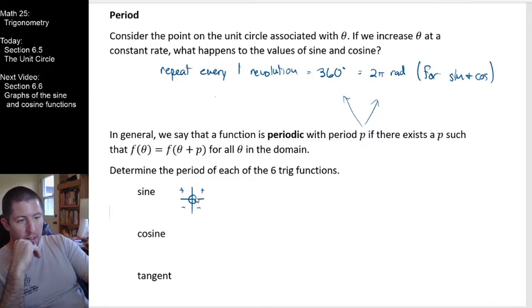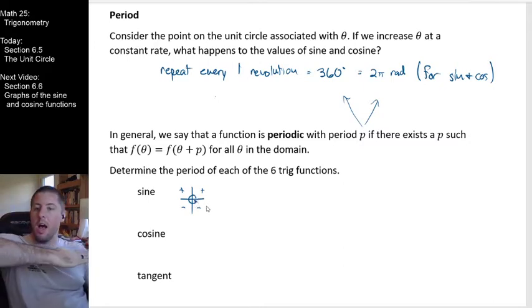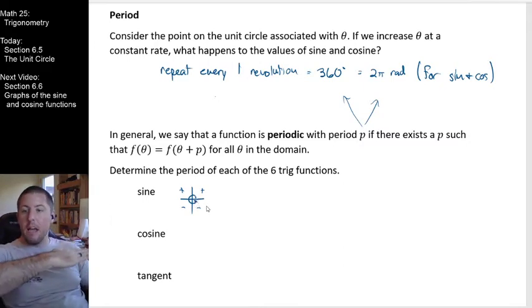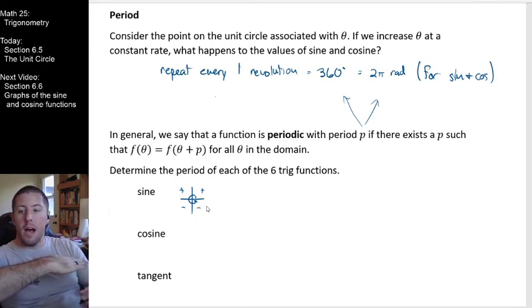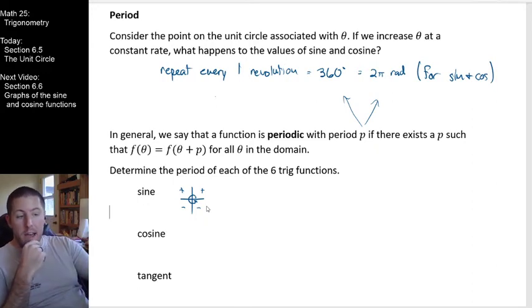It's sort of like saying if you start at 0, how long does it take to get back to evaluating the exact same whole cycle and not just the same value? Notice that sine of 0 is 0 and sine of 180 is 0. That doesn't mean we're repeating, because our first half of values from 0 to 180 gave us positives, then our second grouping gave us negatives, and then we'd be back to positives again.